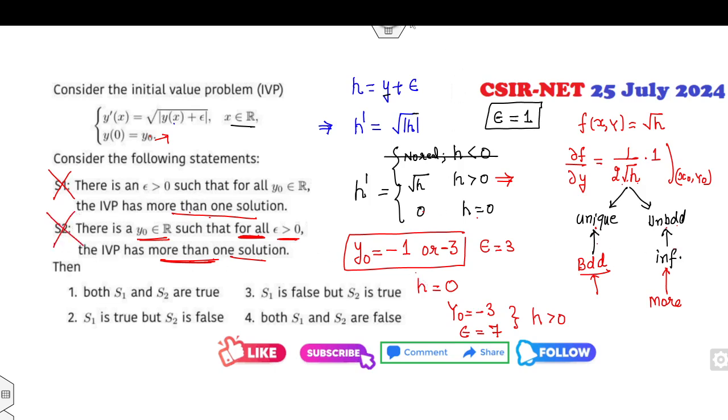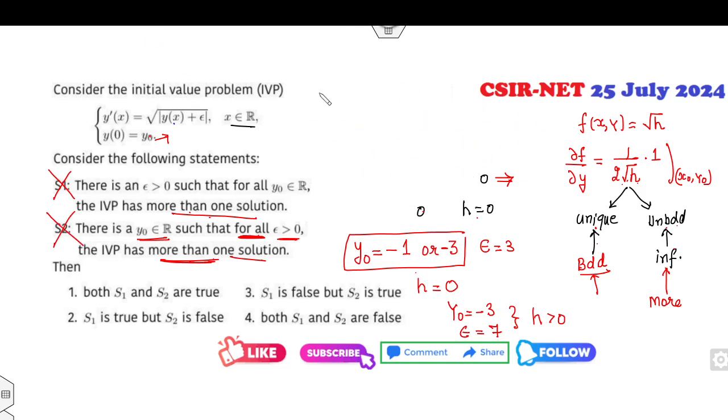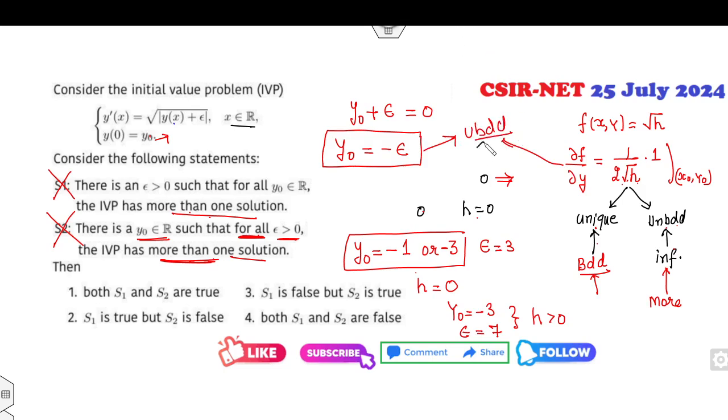You will get more than one solution only in one case, whenever y naught plus epsilon is 0. That means whenever you choose y naught equal to minus epsilon, only in that case your function is unbounded, and once it is unbounded you will get infinitely many solutions, because no solution is not possible. y naught is given to you as one solution, so no solution is not possible, only infinite solutions are given.